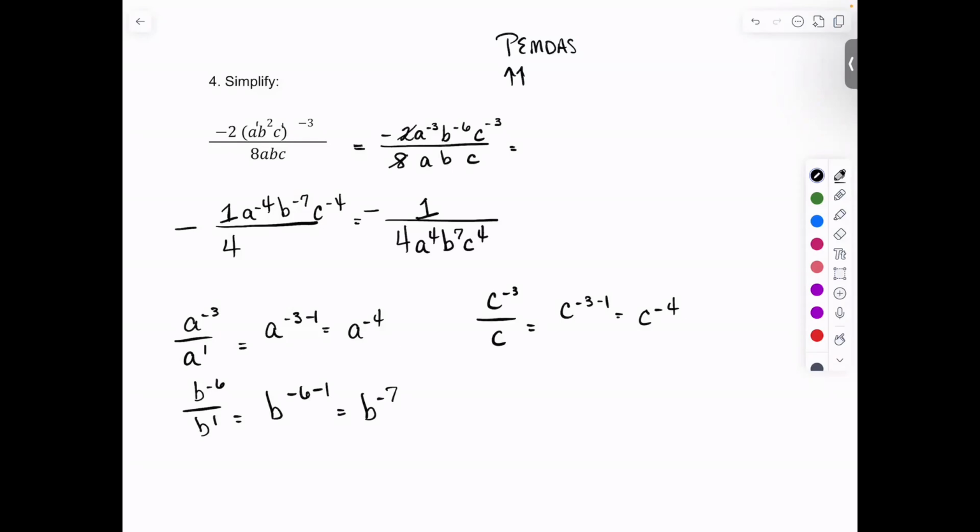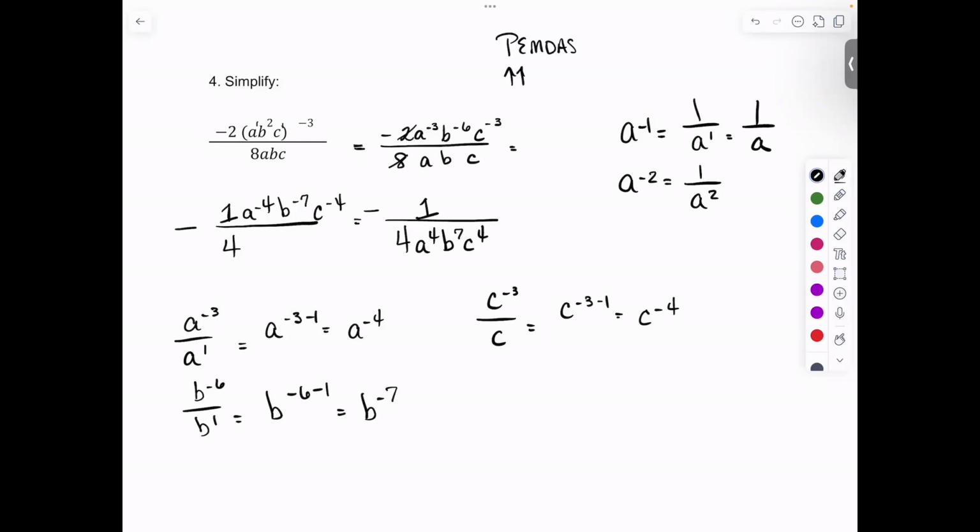So if we have, for instance, A to the -1, I know that's 1 over A to the first power, or simply 1 over A. Same with A to the -2. I know that's 1 over A squared, and so on, okay? So if we have those on the numerator, we just need to flip them onto the denominator, and of course, make that exponent positive. So that's the third rule we used here.